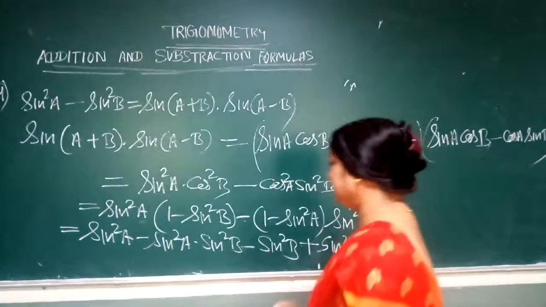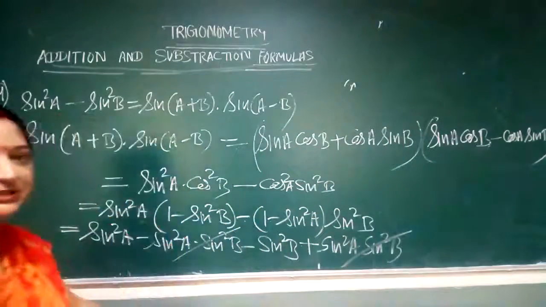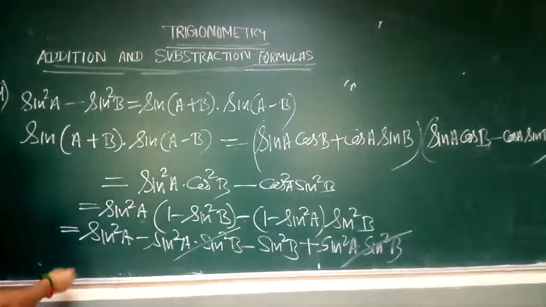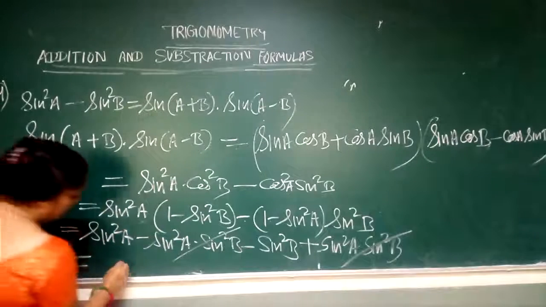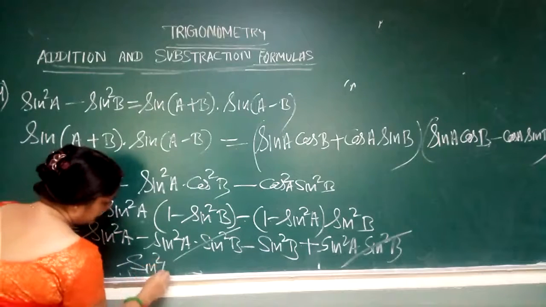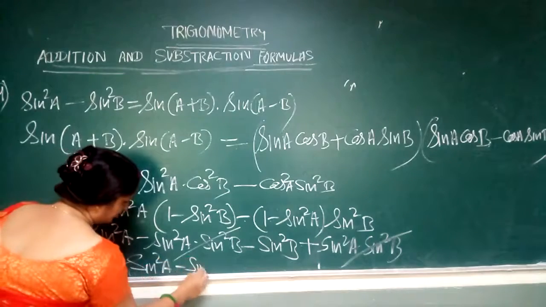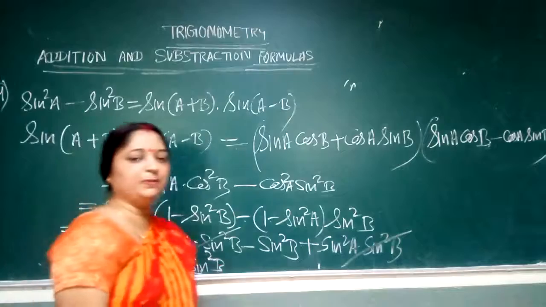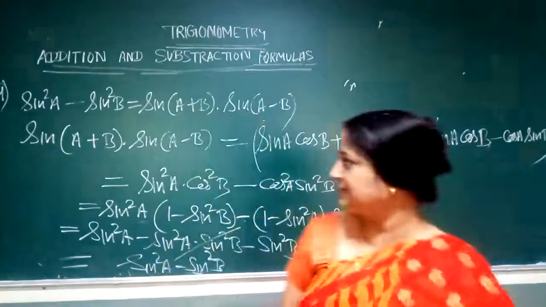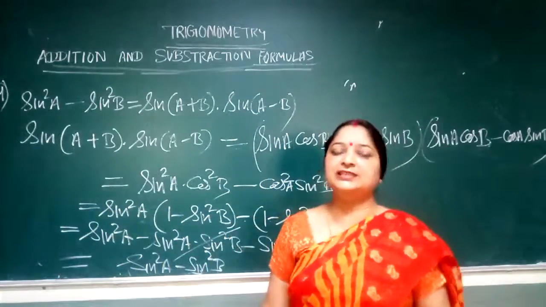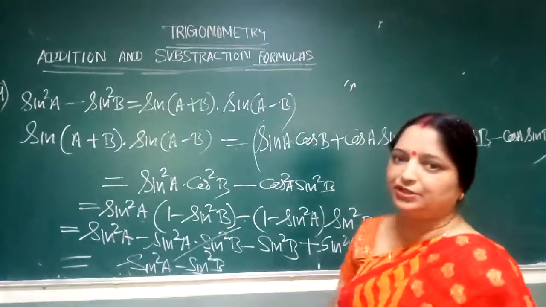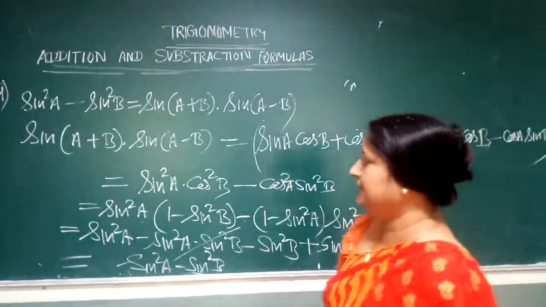This term will cancel because one term is negative and the second is positive; both are the same term, only the sign differs. So what is left, student? Sin square a minus sin square b. So this is the proof of this formula, that sin square a minus sin square b is equal to sin of a plus b into sin of a minus b.